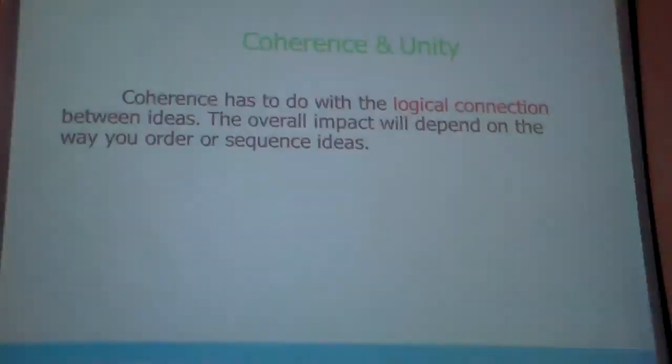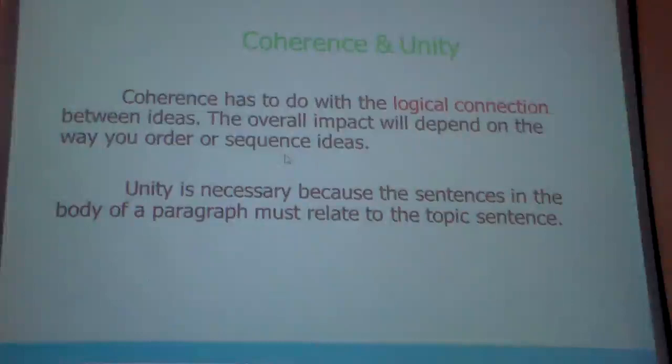Coherence has to do with the logical connection between ideas. The overall impact will depend on the way you order or sequence ideas. Unity is necessary because the sentences in the body of a paragraph must relate to the topic sentence.